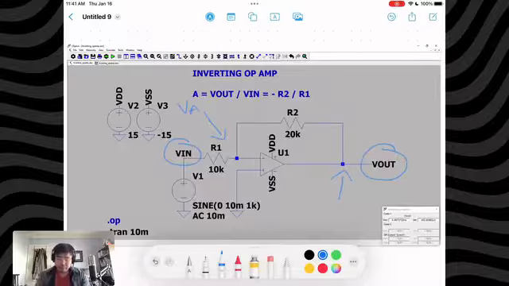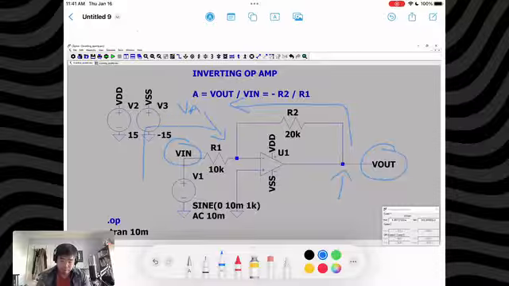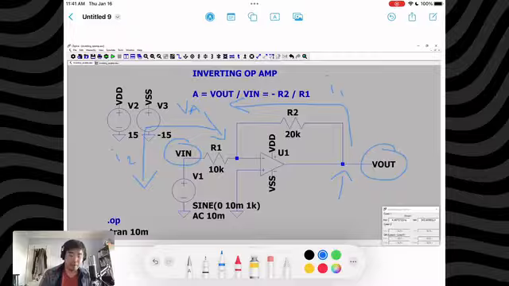Let's do a current going this way and a current going this way. This is going to be called I1, and this is I2. I1 is equal to V out minus VA divided by R2. I2 is going to be VA minus V in over R1.